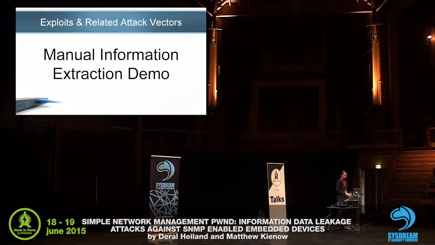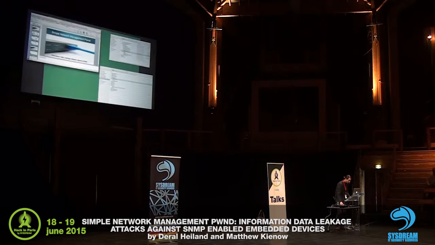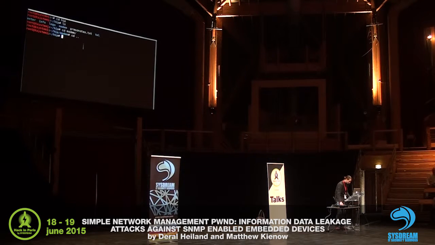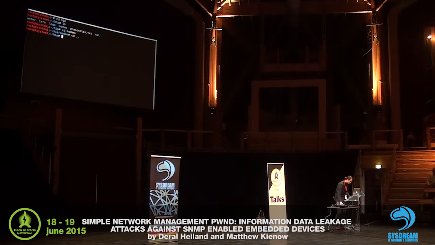So I'm actually going to perform a manual extraction demonstration, and this sort of gives you an idea of what we went through initially when we started doing this work. I'm going to be looking at the UBI DDW3611. And I'm just going to grab the OID that we happen to find of interest.